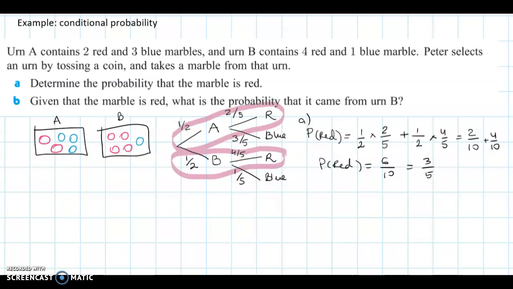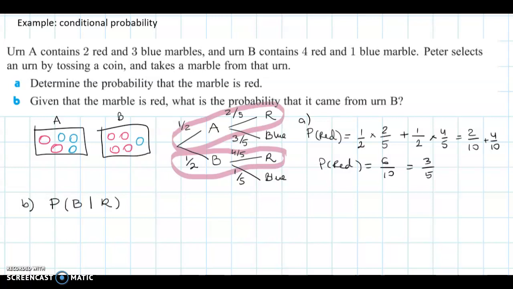Okay, now the question does something very typical of this type of questions, where we now want to know the probability that the marble is coming from box B if we know already that it is red.